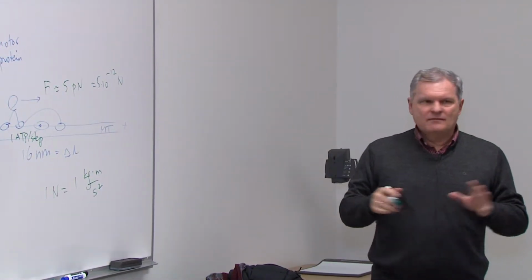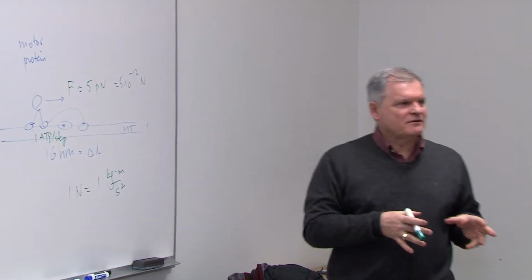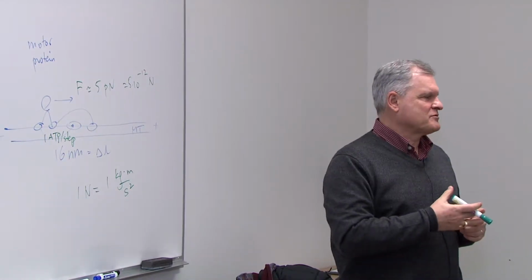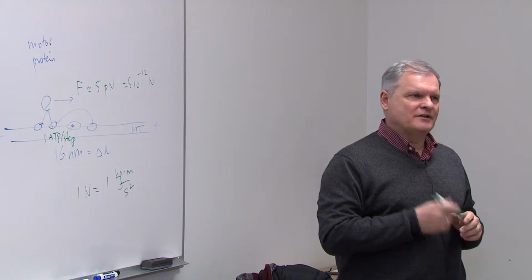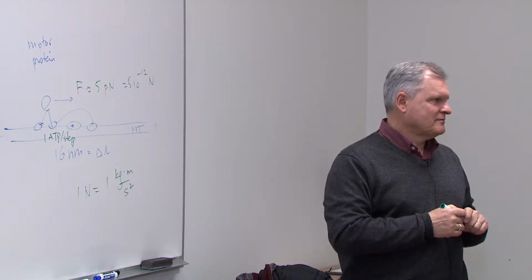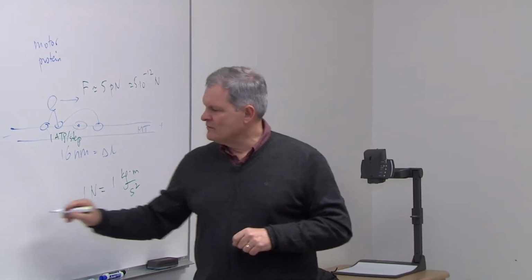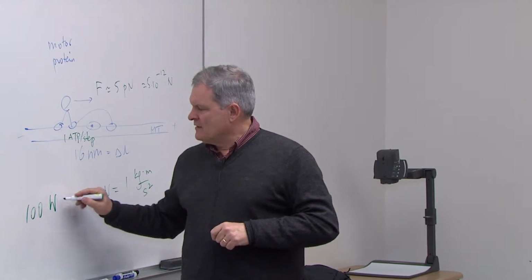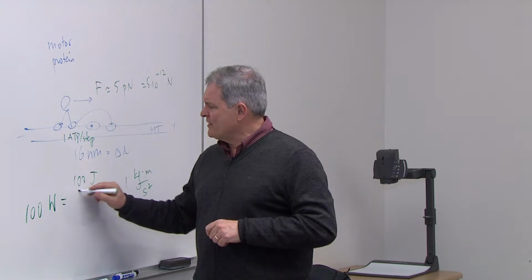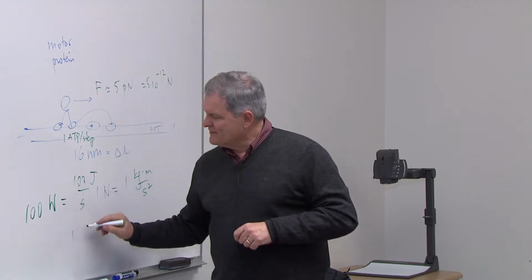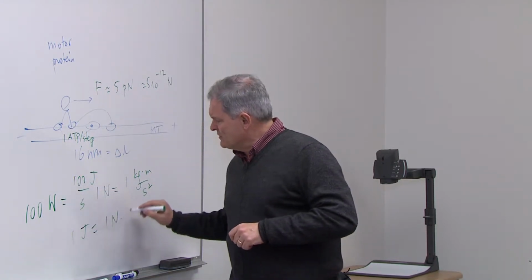Okay. And you can start putting all of these numbers together. I told you about the power consumption of the human body. Last time it was 100 watts, right? 100 watts, which is 100 joules per second, and 1 joule is 1 newton times 1 meter.